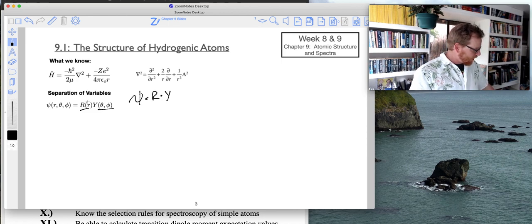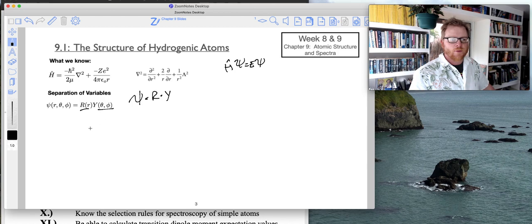I'm going to first start by getting my Schrodinger equation put together: H psi equals E psi. So I'm going to say negative h bar squared over 2 mu, and now I'm going to replace the del squared with the actual Laplacian.